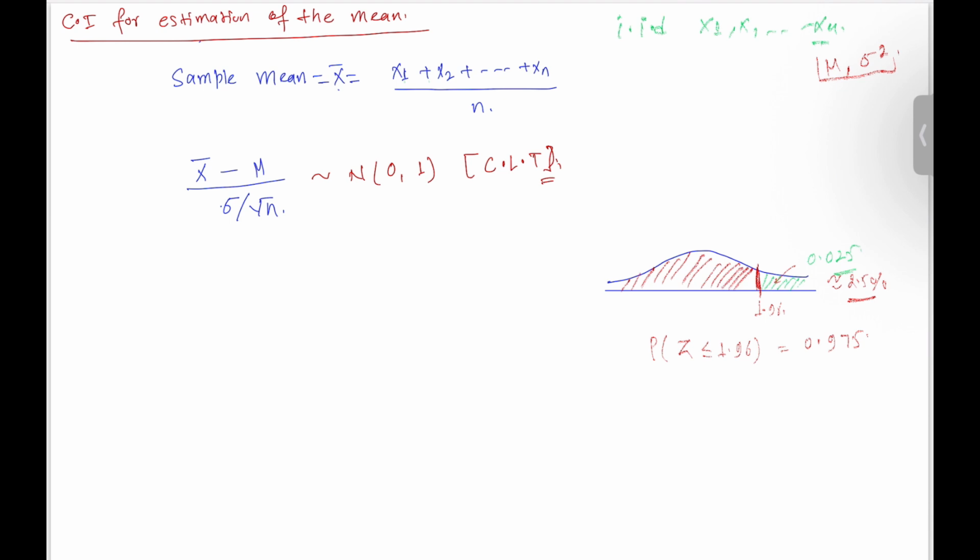Similarly, we can make use of the symmetry. So this is 1.96, and using the symmetry, here it will be minus 1.96, and the probability that the random variable z takes a value less than minus 1.96 will also be 2.5% or 0.025, right?